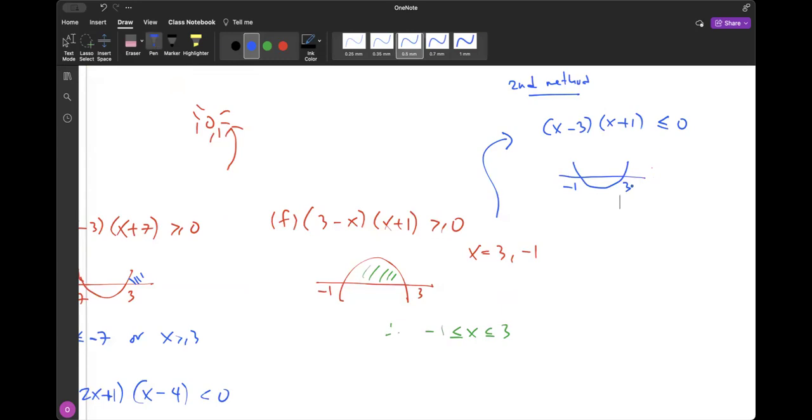How to read the answer? Where's the answer? Above or below? What does this represent? Above is more than 0, below is less than, which means in between. So this is also in between.